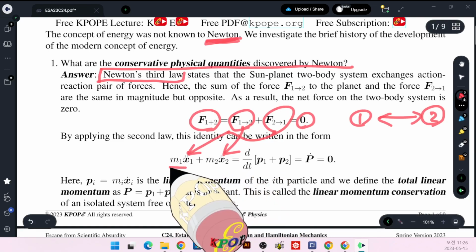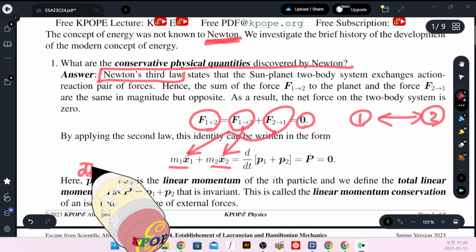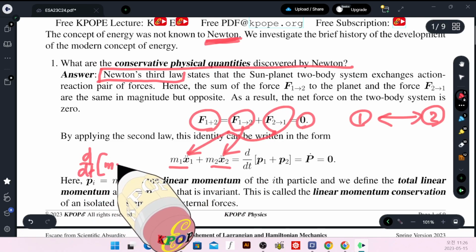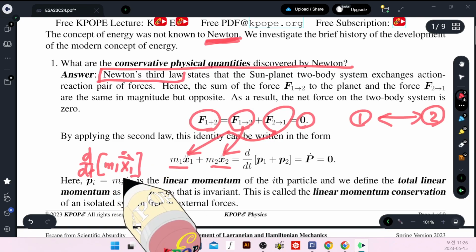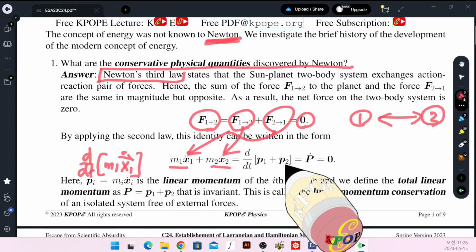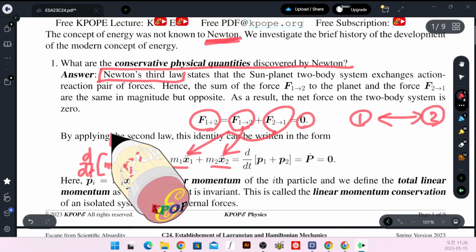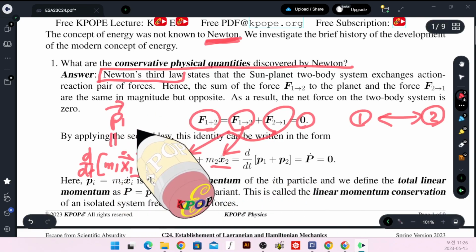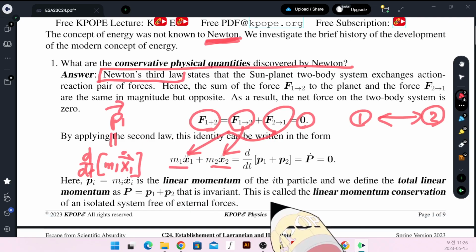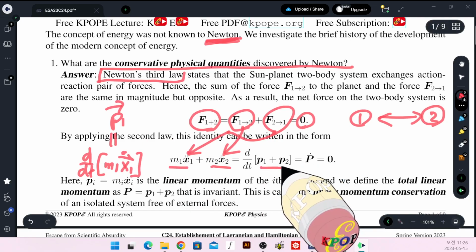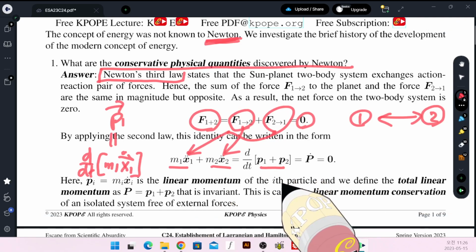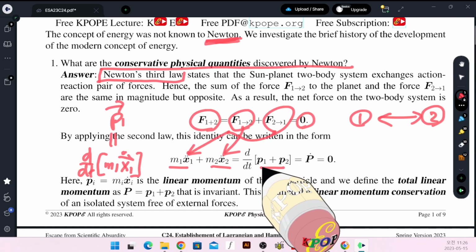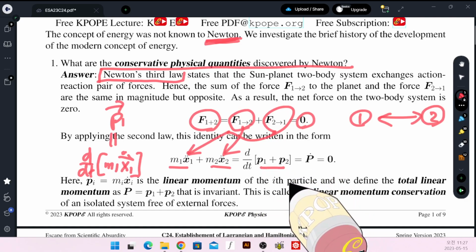We know this is nothing but the time derivative of linear momentum, which is a product of mass and velocity. And likewise for particle 2. The sum of the linear momenta is called the total linear momentum of the system of particles. In the case of a two-body system, we just add the two momenta of the particles.